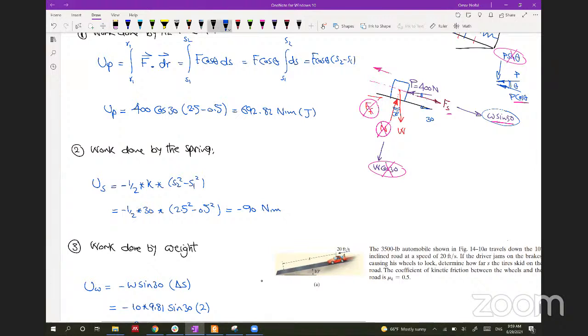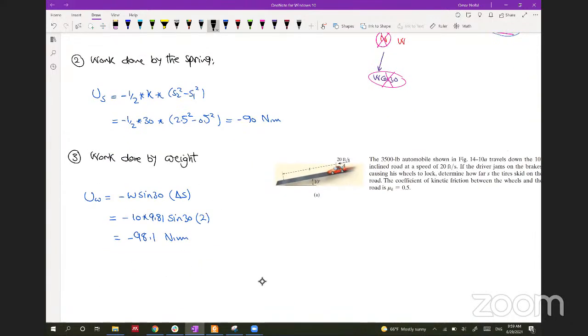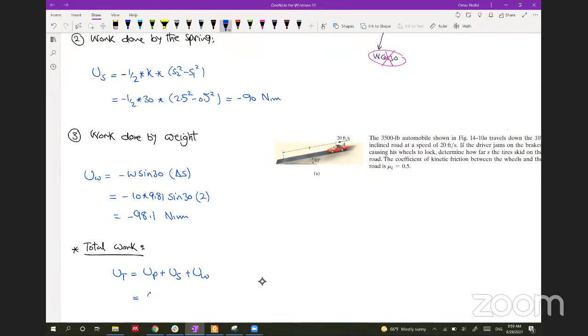So let's get the total work exerted. The total work will be equal to U_B plus U_spring plus U_weight. So we have U_B is 692.82, plus the U_spring, which is negative 90, and the U_weight, which is negative 98.1, and this should give us 504.72 newton meter.